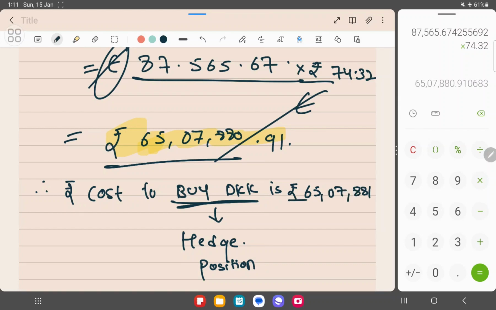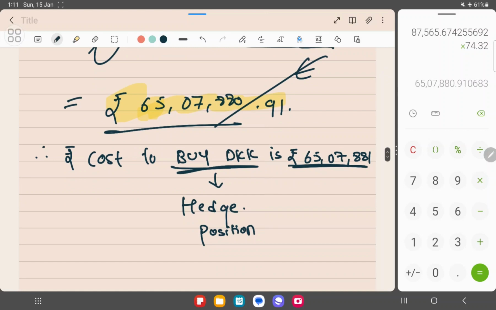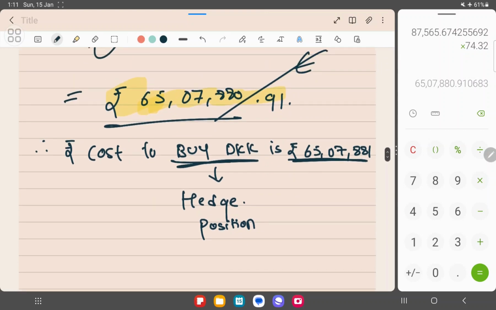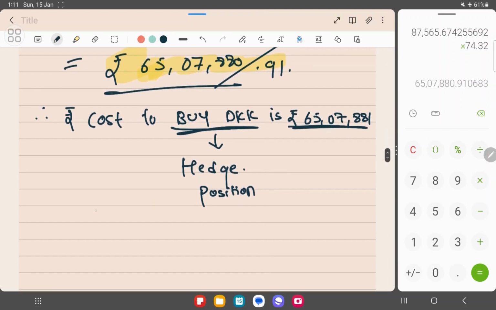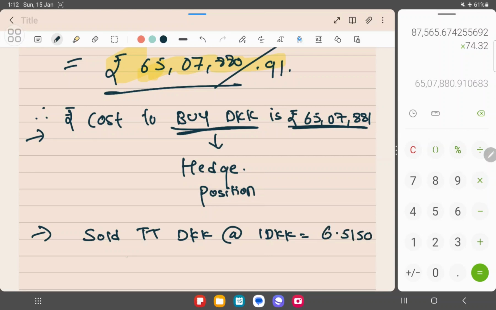I'm rounding this off. Okay, now when you sold DKK, how much rupee did you get initially? See the rate that was given in the question, where we sold a TT, remember, a TT DKK at 1 DKK is equal to 6.5150, I think was the quote.